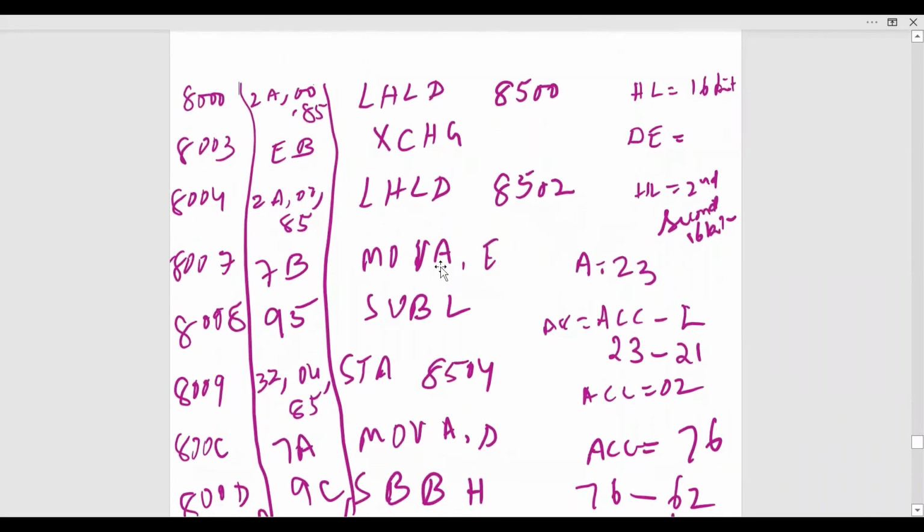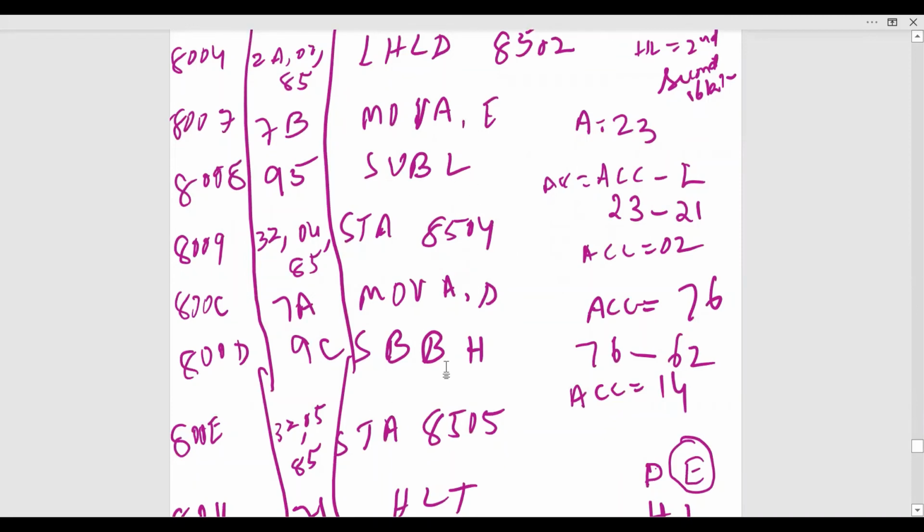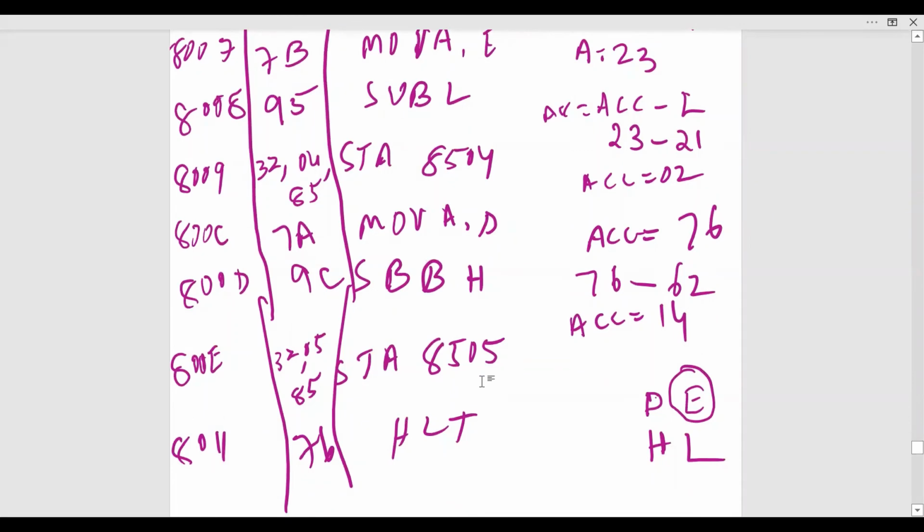So for that we have moved the lower byte of the first number to the accumulator and subtracted the contents of L from the accumulator, stored the result in the accumulator, and moved that result of the subtraction to 8504. The same process repeats, but instead of SUB, if you are subtracting the higher bytes, we have to subtract along with the borrow, because there can be a borrow that occurs while subtracting the lower bytes. So we have to use SBB and then store the result in 8505.